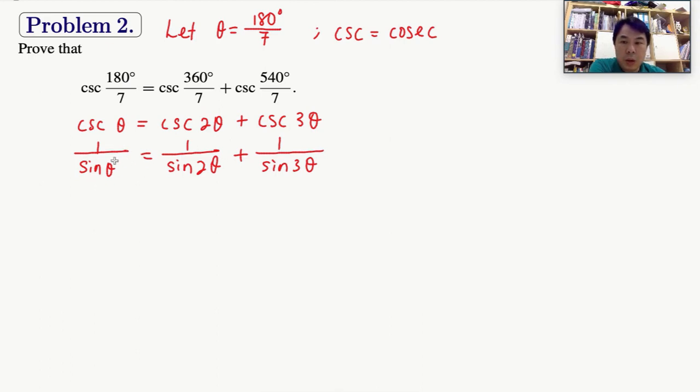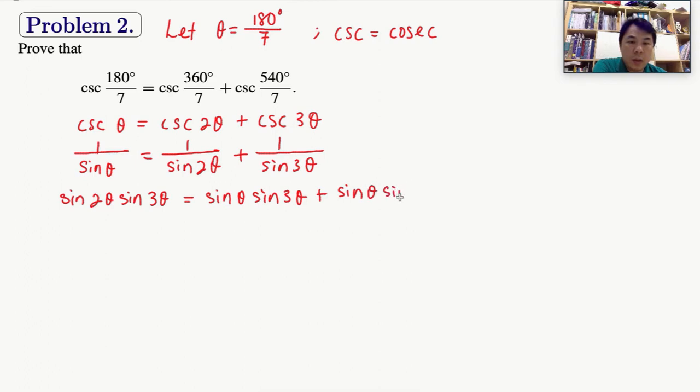So by doing so, we have here this part will be sine 2 theta sine 3 theta equal to, in this case we will have a sine theta sine 3 theta plus another sine theta, sine theta, is it sine? Let me see. Sine theta, yes, correct. Sine theta sine 2 theta.